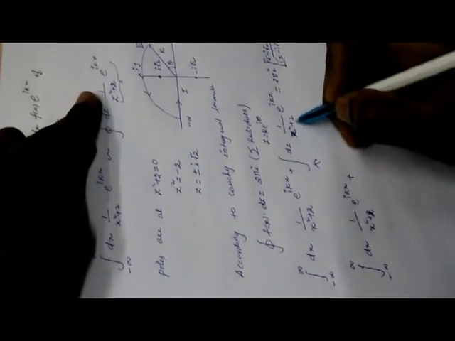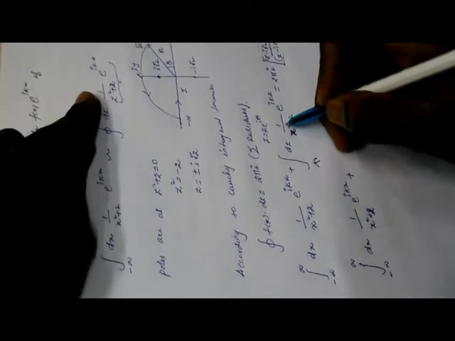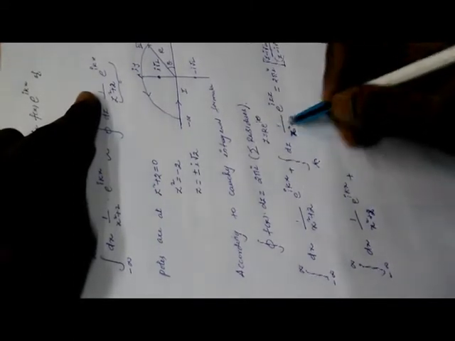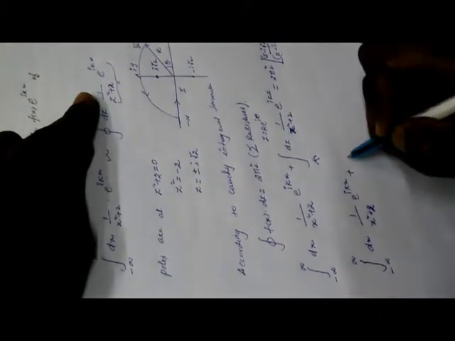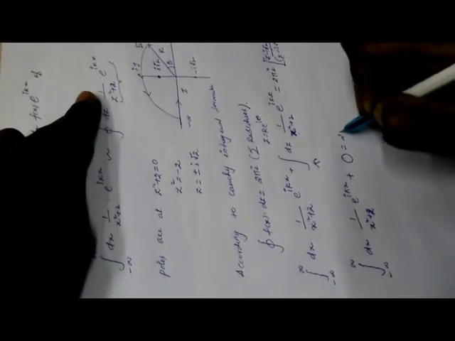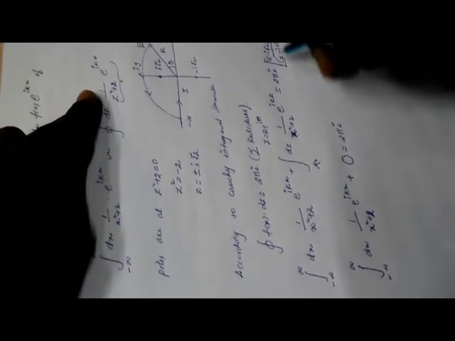As r goes to infinity, the radius goes to infinity, the denominator will blow up, so 1 by infinity goes to 0. The curved integral goes to 0. So we can cancel 2 pi i on both sides, and evaluate the residue value at z equal to i square root of 2.